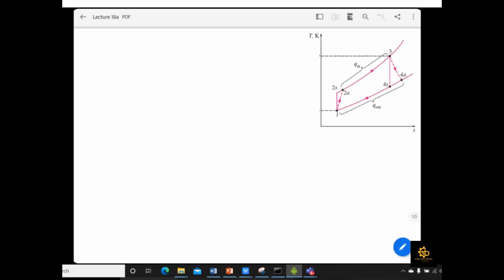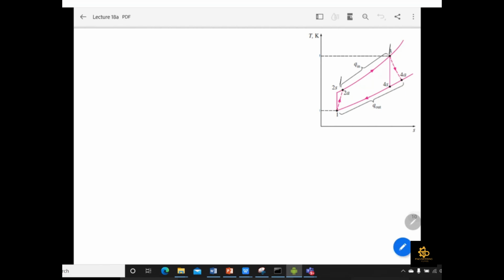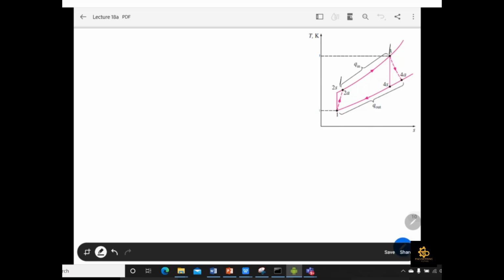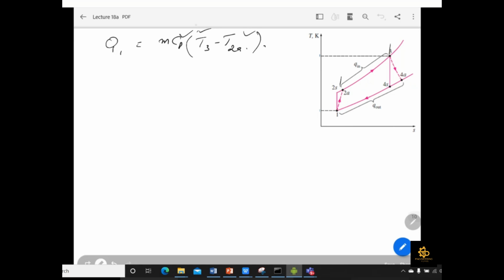Now another thing we have to find is the Q supplied, which means we have to find the Q in between 2A and 3. Simply we can say that Q in is equal to m Cp (T3 minus T2A). T2A value is known to us, T3 value is known to us, Cp value is known to us.